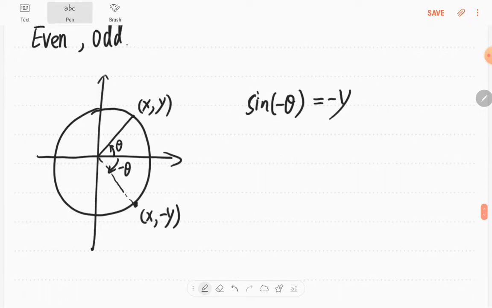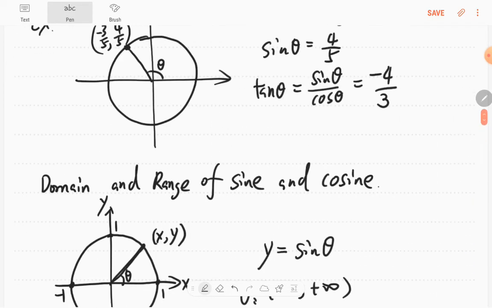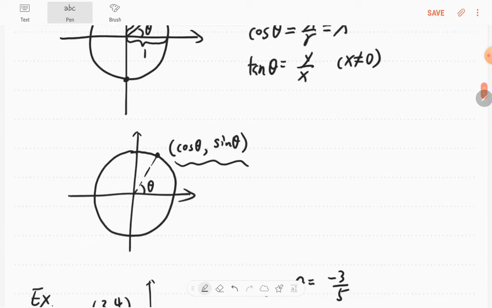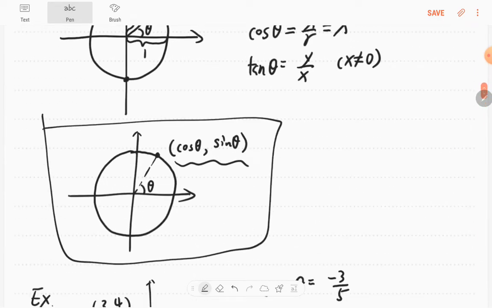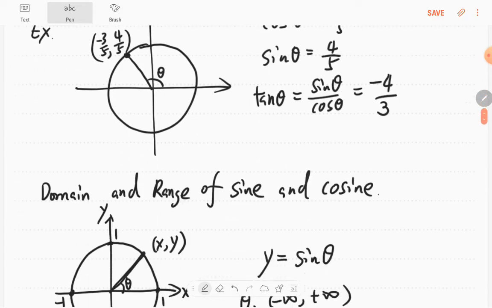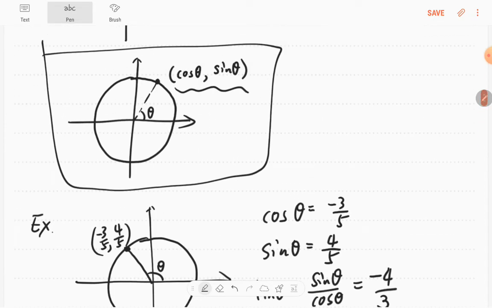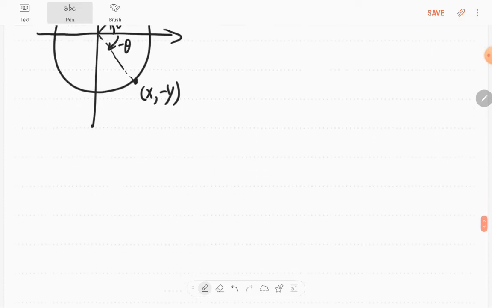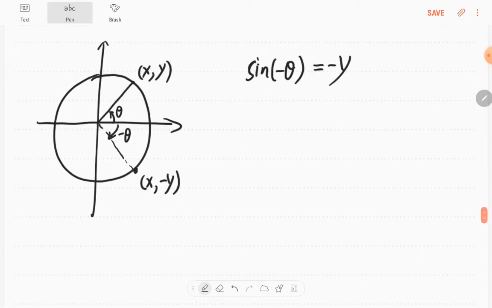And this is the reason. Okay, so here are the properties we have, right? On the unit circle, the y coordinate is always the sine of the central angle, and the x coordinate is always the cosine of the central angle. So now our central angle is negative theta, so sine of the central angle should be equal to the y coordinate of this point, so it's negative y.